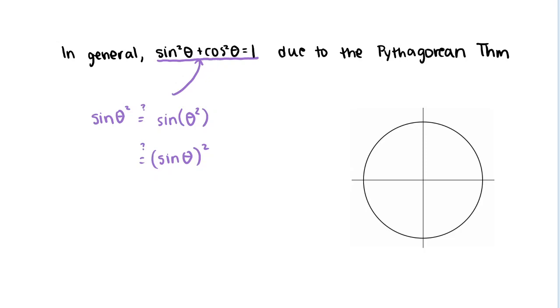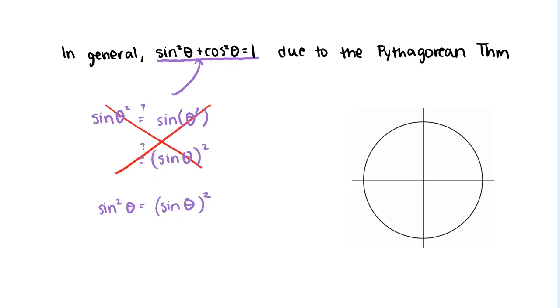And just to avoid this altogether, the convention we have for writing exponentiation of trigonometric functions is to write that exponent right after the function name, before the angle. So sine squared of theta represents the idea of computing sine of theta first and then squaring your result.